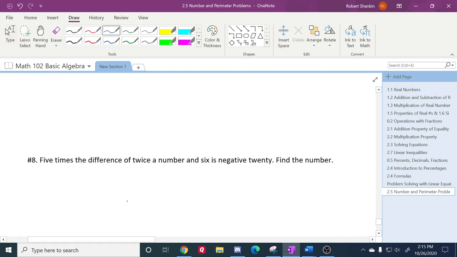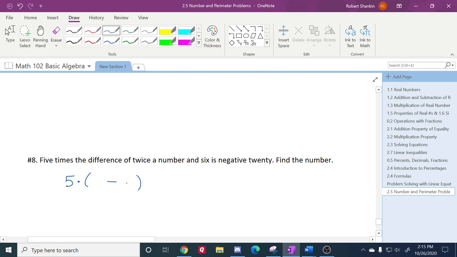Five times the difference of. Now the difference of means you're going to be subtracting 2 things. And you're multiplying 5 times that whole difference, or the result after the difference.